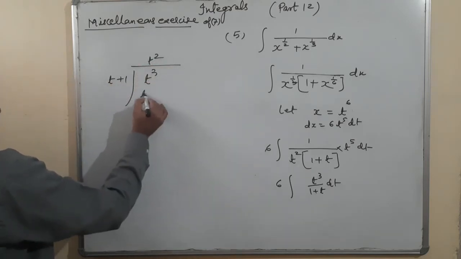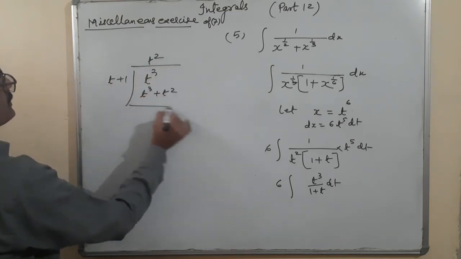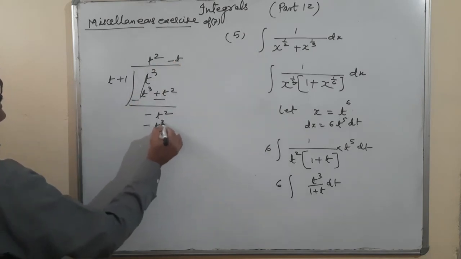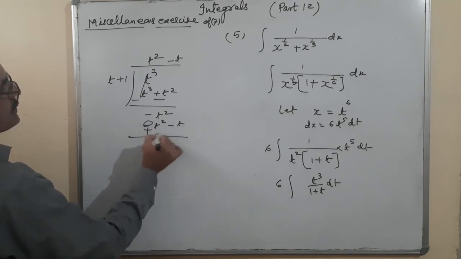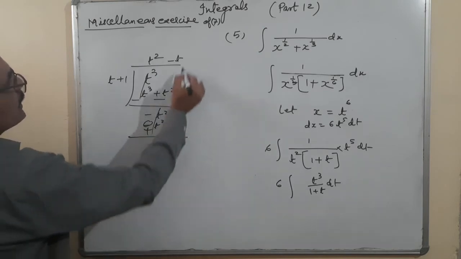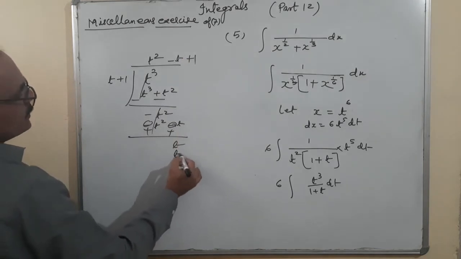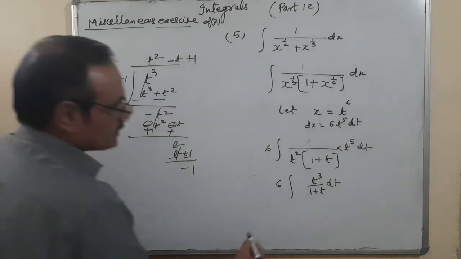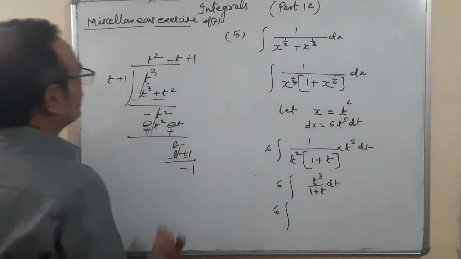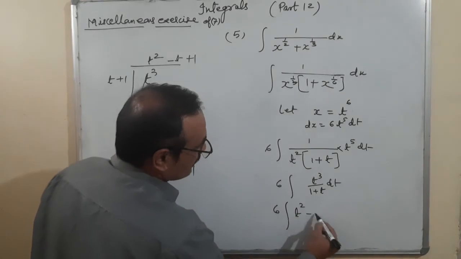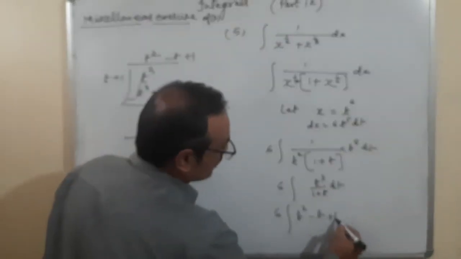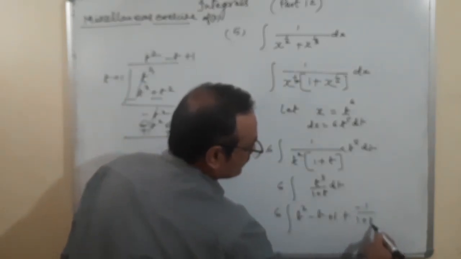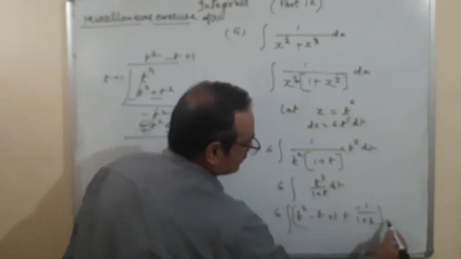T square, so t cube plus t square, sign change, minus t square, minus t square, minus t, again sign change, cancel, it is t, and then plus 1, so it is t plus 1, sign change, minus 1. So that means 6 as it is, and this term can be written t square minus t plus 1 plus minus 1 upon 1 plus t. Is it okay? dt.